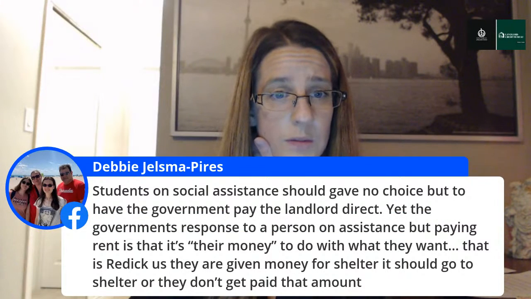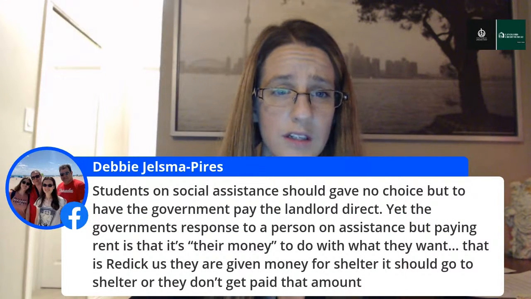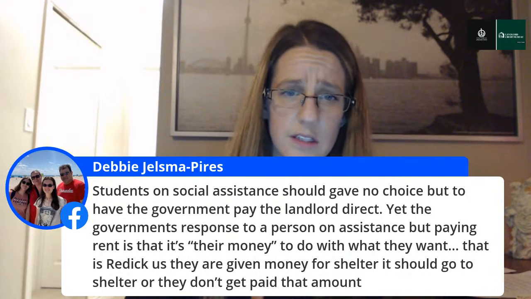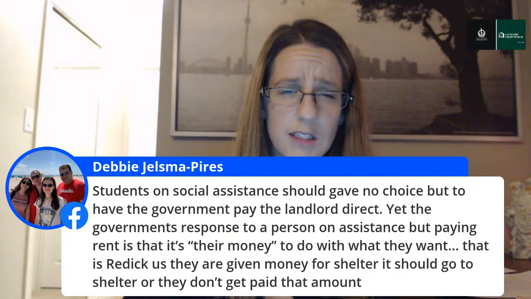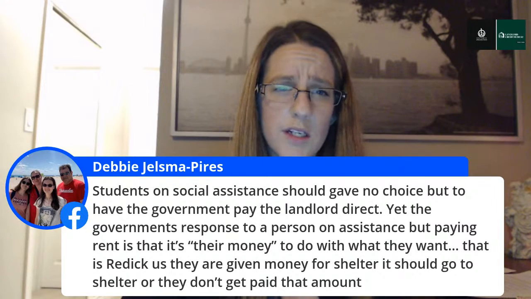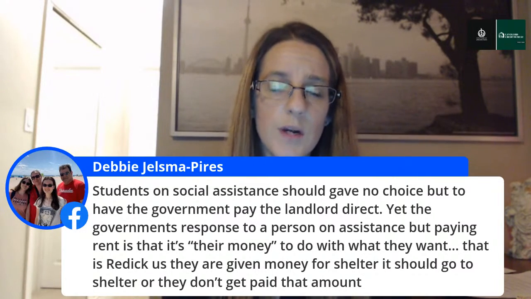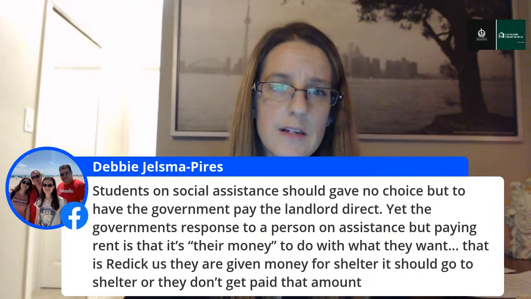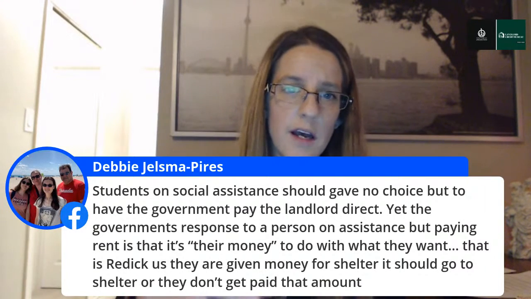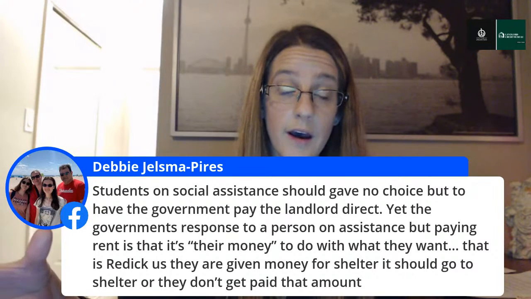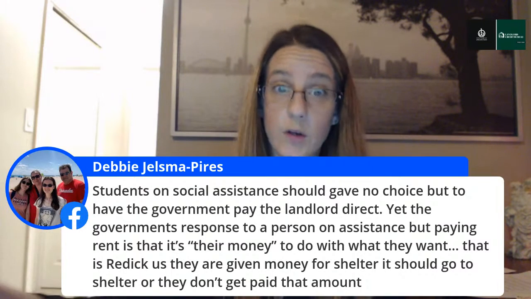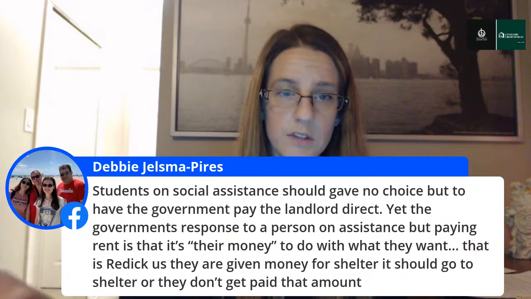Students should have no choice but to have the government pay the landlord directly. If the government responds to the person on assistance, but paying rent, that is their money. Do so what they want. This is Debbie. That was great that you put that there, because right now, like we talked about, there are government agencies that have the tenant apply to show that they had no money, and they're able to get rent relief from these types of agencies. But again, will the tenants actually do it?